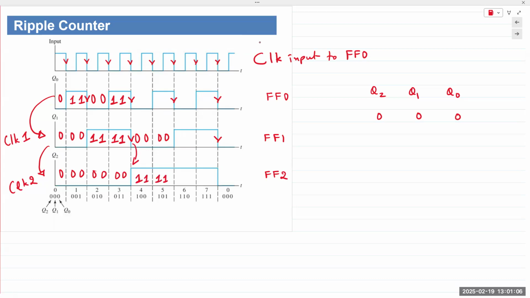So if you read this in the reverse order, you get a 3-bit counter that goes 0, 0, 0, 0, 0, 1, 0, 1, 0, 0, 1, 1, 1, 0, 0, 1, 0, 1. You have to read it in this direction: Q2, Q1, and Q0.